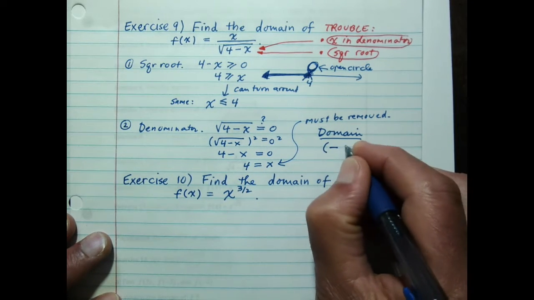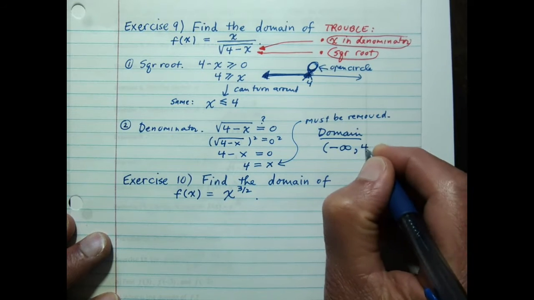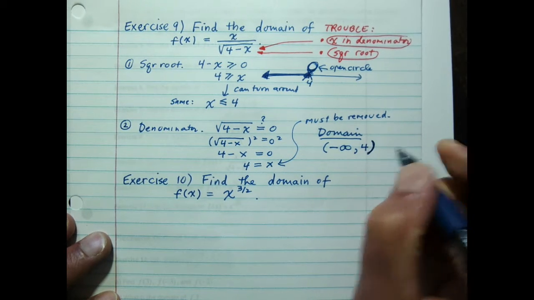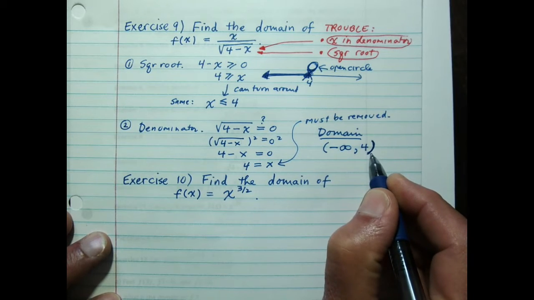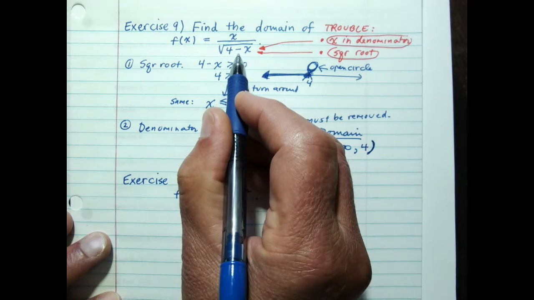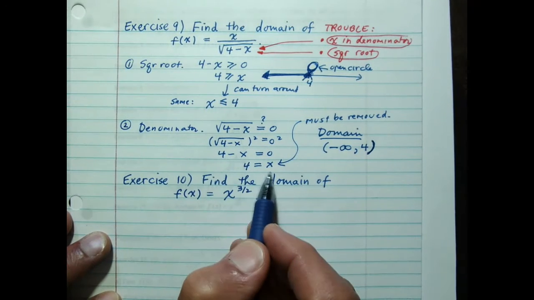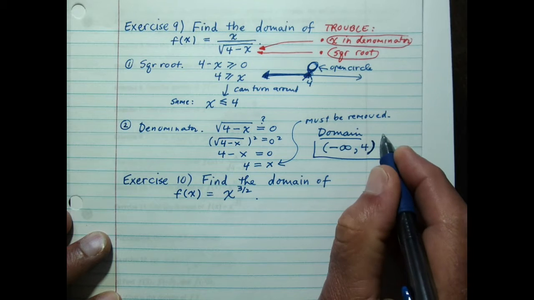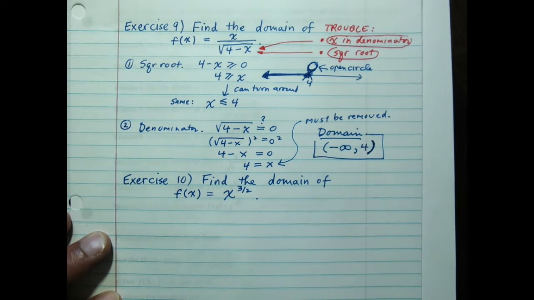So we're going to go from negative infinity to 4 with a parenthesis, not a square bracket. Again, the square root would allow us to leave a square bracket, but because of the denominator issue, we have to throw out the 4. And the final domain is that interval.